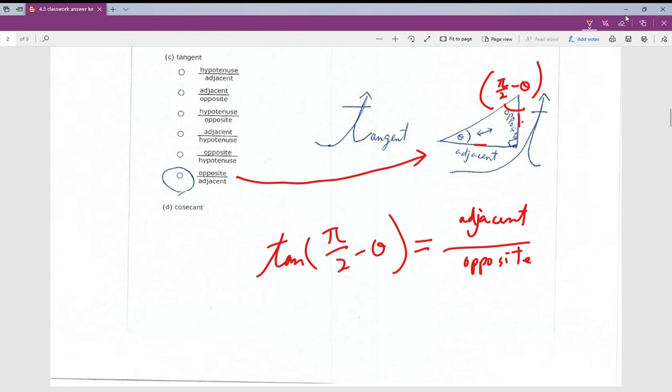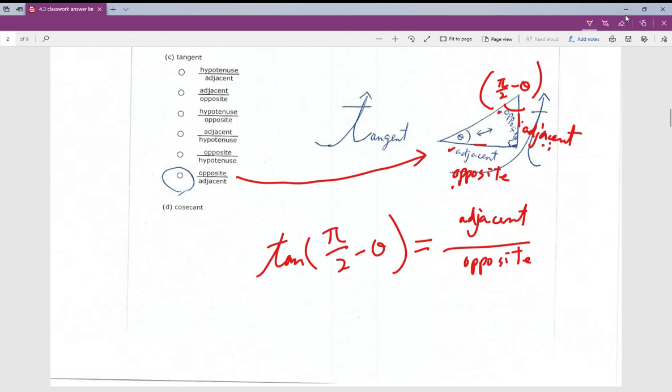the opposite will be this one and the adjacent will be here. So tangent of pi over 2 minus theta on the original graph is opposite over adjacent when the reference angle is pi over 2 minus theta.